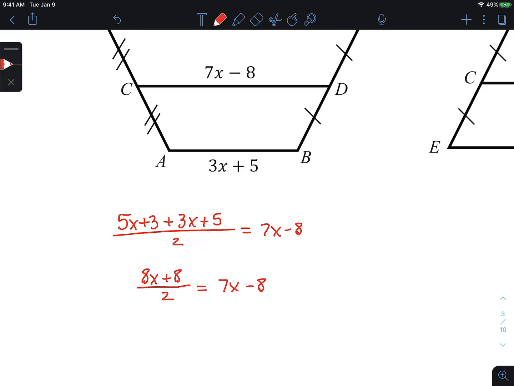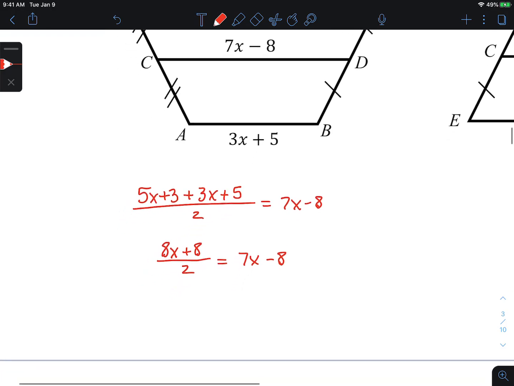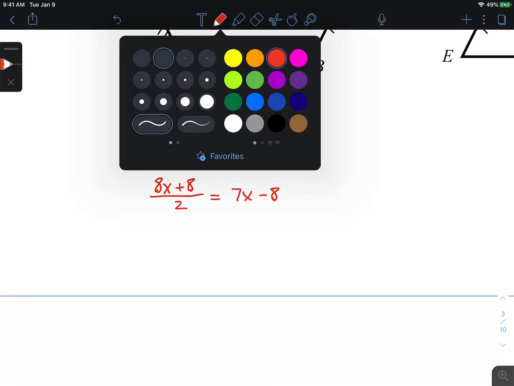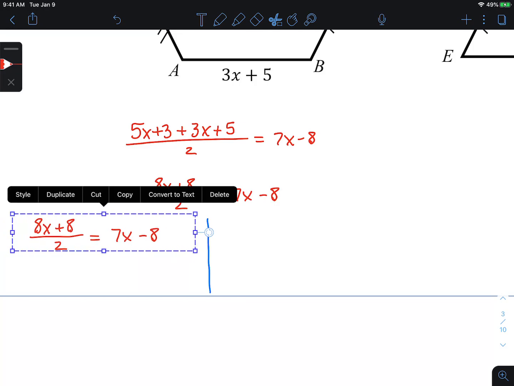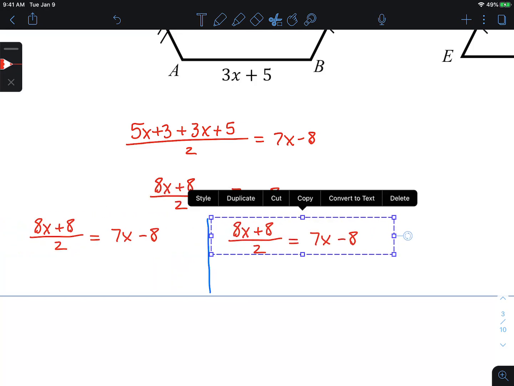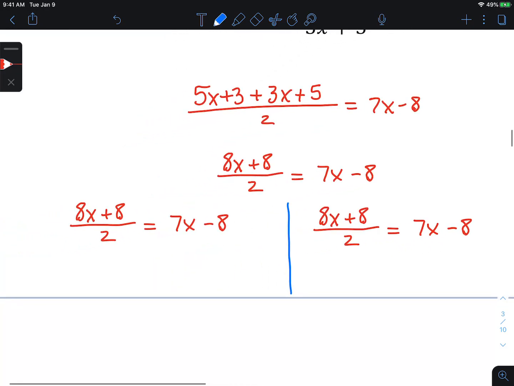Now from here, there are two approaches that you can use to solve this. One way you could do this is multiply. Let me copy and paste it here. So one way you could get around this is multiply both sides by 2 to get rid of the fraction. But when you do that, you have to multiply the entire right-hand side.